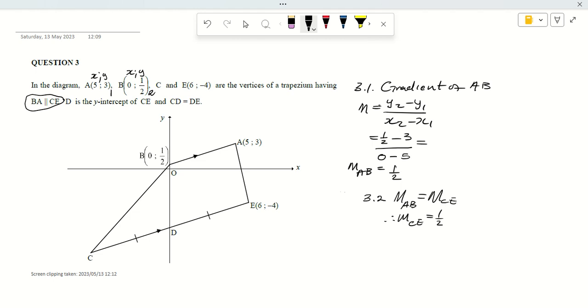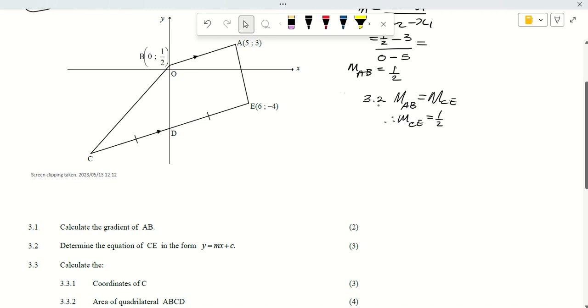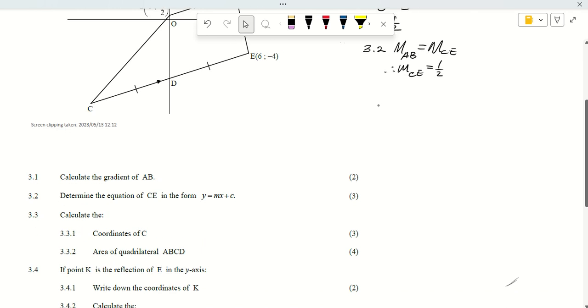But now we're not only looking for the gradient of CE, we are looking for the equation of CE in the form y is equal to mx plus c. So now y is equal to mx plus c, and we already have m of CE, so y is equal to 1 over 2 x plus c.